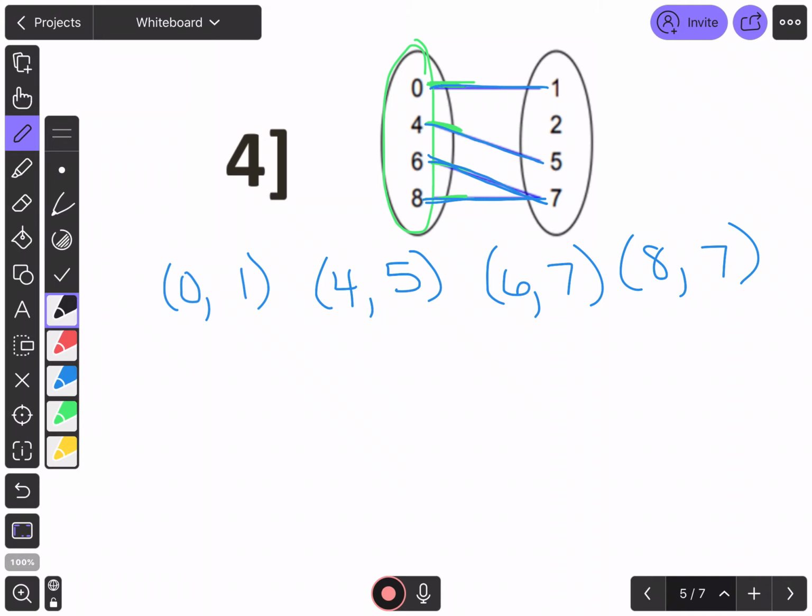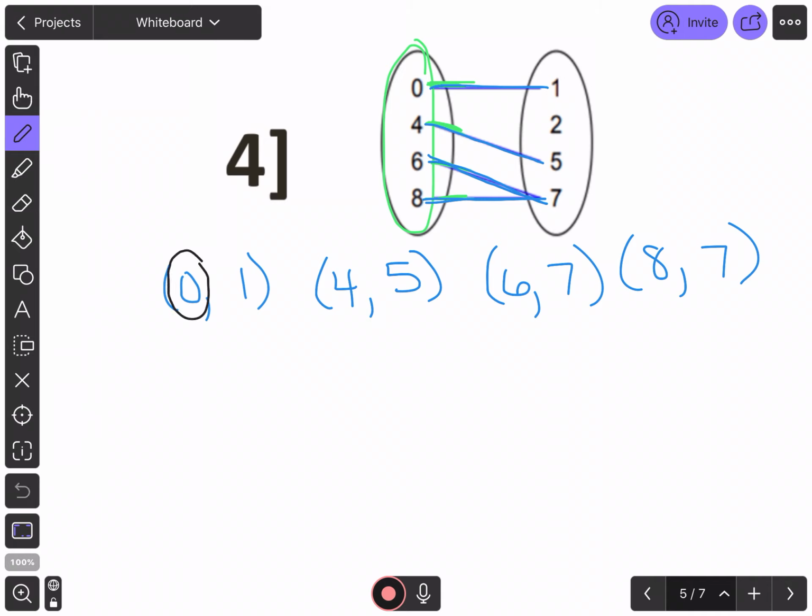So if we look here, pay attention to the x values. Just like I said in the first example, the x values are people, the y values are birthdays. It is not okay for the x values, the people, to have more than one birthday.